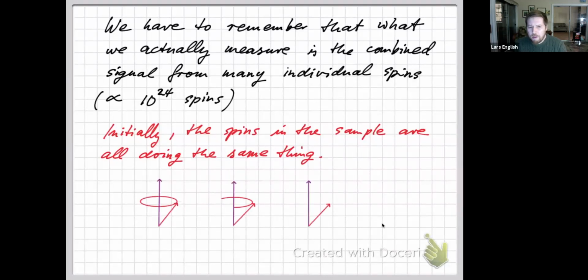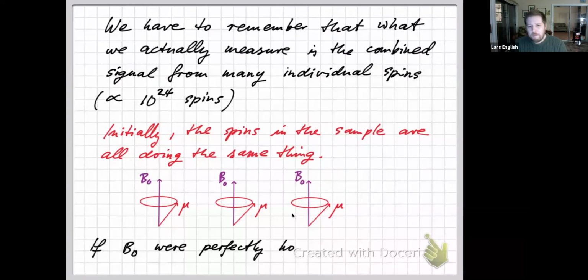So they've all been sort of rotated away from the z-axis, right? And so now they're all precessing about the z-axis, about the B naught field lines. So here's one spin, here's another spin somewhere else in the sample, here's another spin somewhere else in the sample. So I'm highlighting 3 spins that make up this macroscopic signal that we can measure.